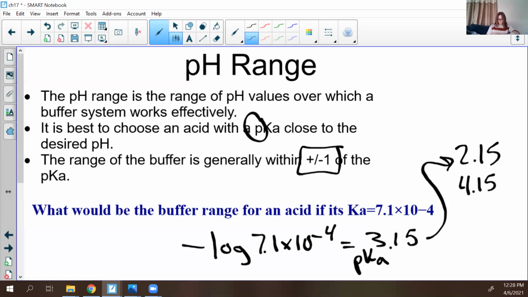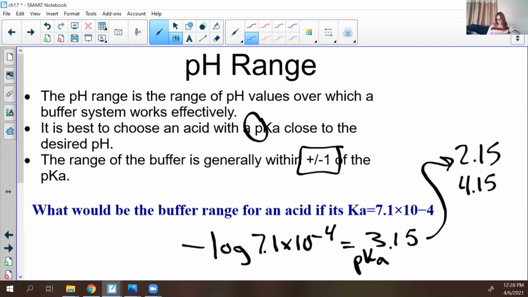Plus or minus 1 of the pKa. It would work, it just would be less effective, is essentially what they're saying.